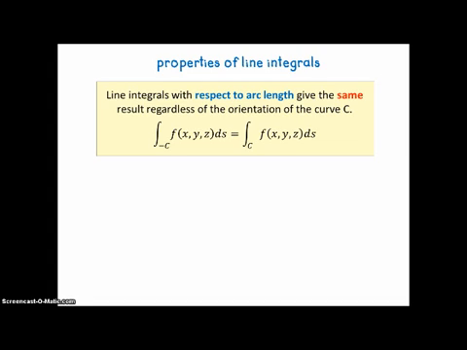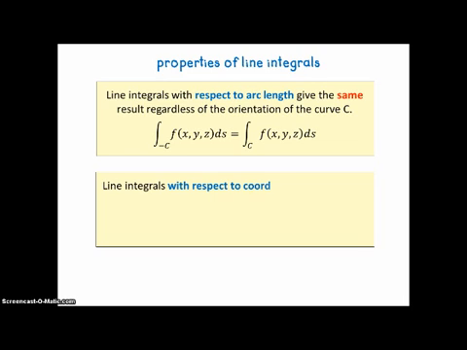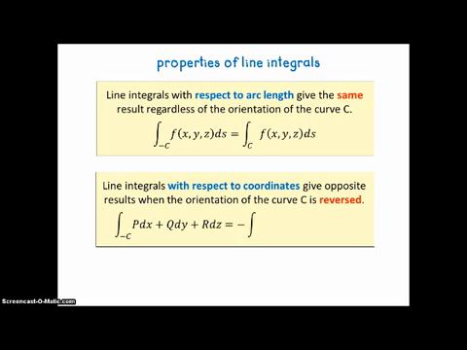It doesn't matter what direction you go in. However, line integrals with respect to the coordinates give opposite results when the orientation of the curve C is reversed, because now you're going in the opposite direction for dx, dy, and dz, and so you get a negative value if you switch the orientation of the curve and start at the other end.